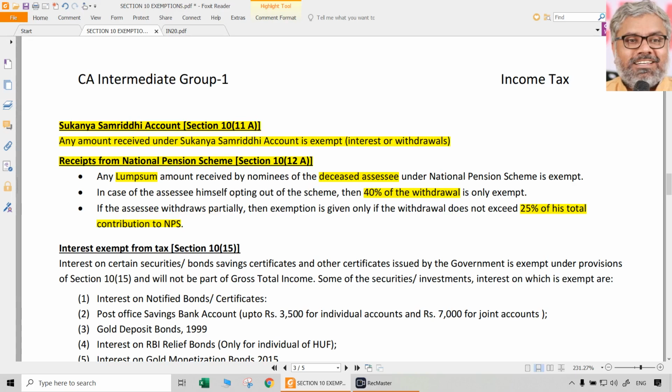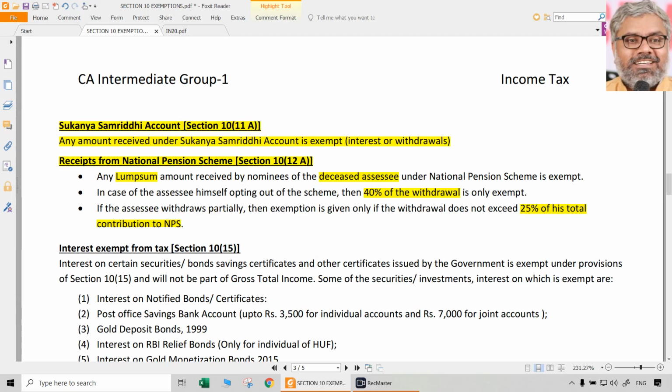But the point is, the government doesn't want the people to withdraw the money unnecessarily. They want this to be there. It has to be there for their social security at a later stage. So what is the maximum amount of withdrawal that they can do? It is 25% of his total contribution to NPS. He can withdraw, and to that extent, that withdrawal is exempt. If at all more than that is withdrawn, that becomes taxable.